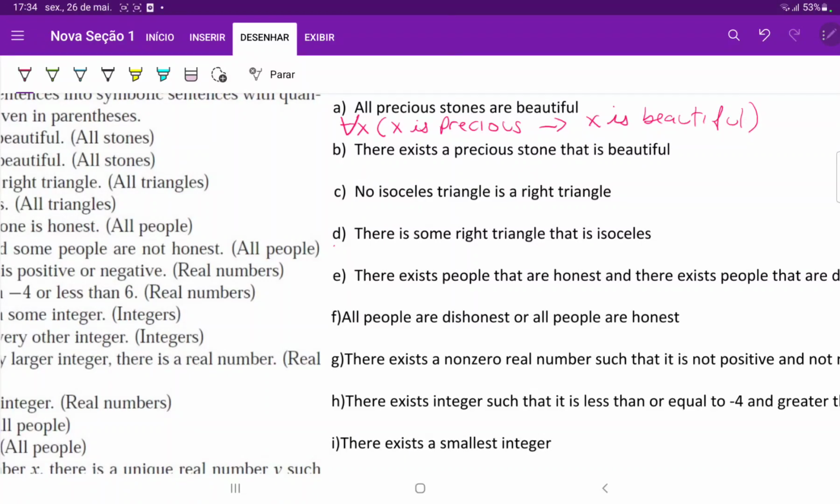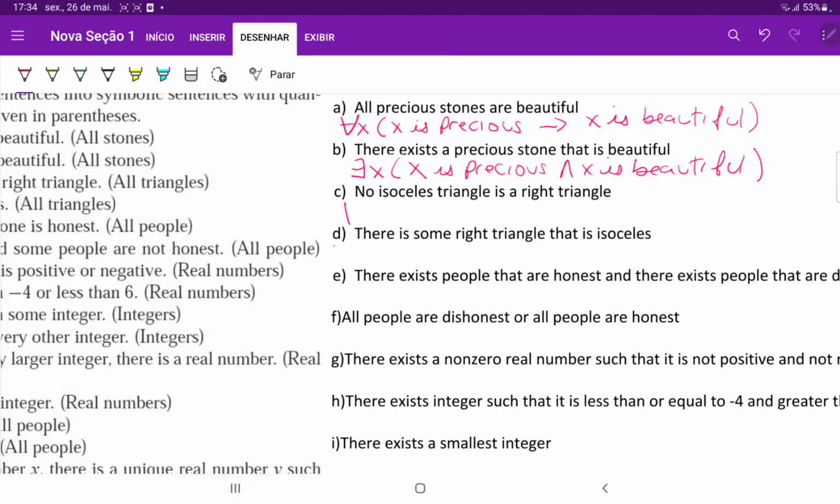And that is usually how we use the conditional to express the universal. Now the denial: there exists an x such that x is precious and x is beautiful, right? So x is precious and x is not beautiful.